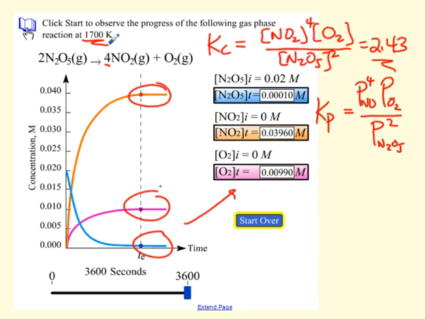We could use our ideal gas law, PV equals nRT, divide both sides by volume, and recognize that moles divided by volume is concentration. We could take our 3 concentrations right now and convert them to pressures in atmospheres. We'd use 0.0821 for the value of R. We'd use the 1700 Kelvin for temperature, and we'd use these molarities for concentration, and we would then know the pressures in atmospheres. We could then evaluate Kp if we wanted to as well.